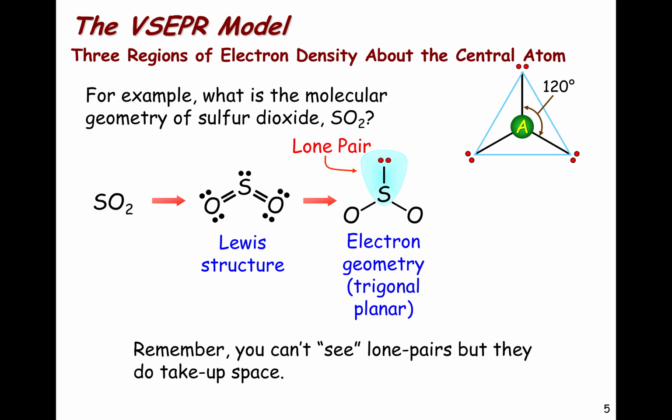What's a little bit different in this example is that only 2 of the 3 positions in the trigonal planar structure represent bonding regions. The 3rd is a lone pair.